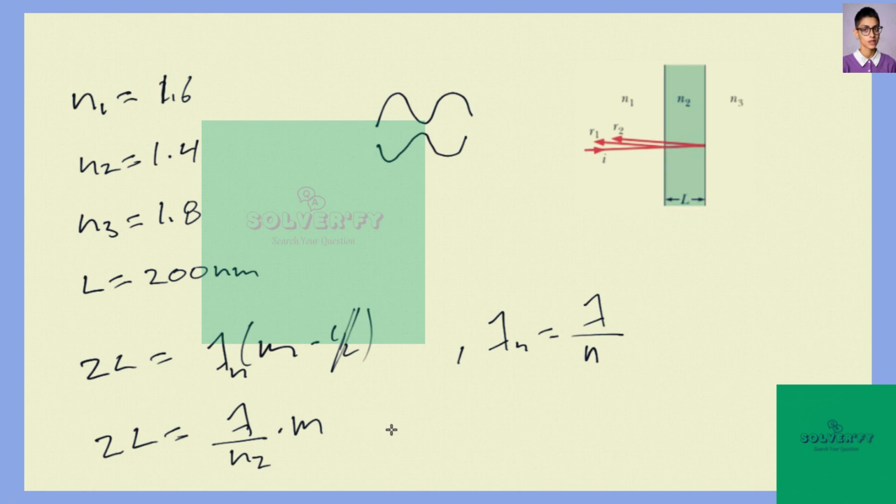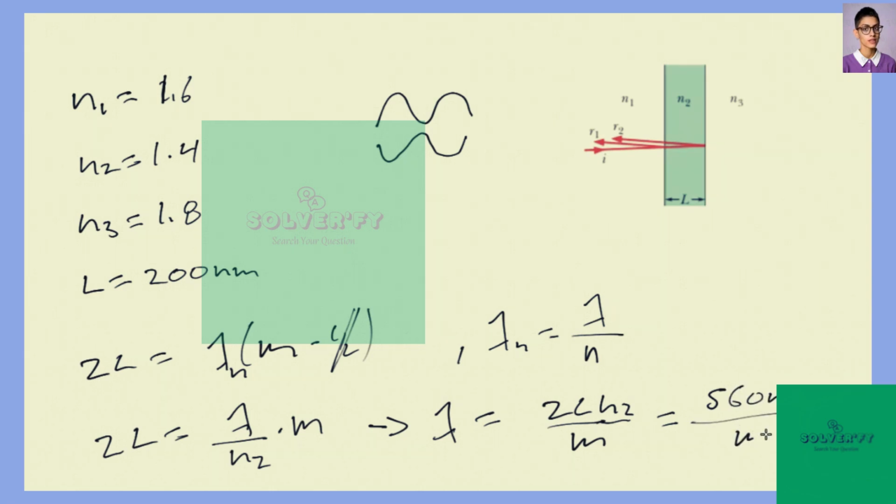Plugging in the numbers, we can solve for lambda. Lambda is going to be 2L times n2 over some integer m. And if we plug in the numbers, we get that this is 560 nanometers over some integer m. And we just have to make sure this is in the visible spectrum.